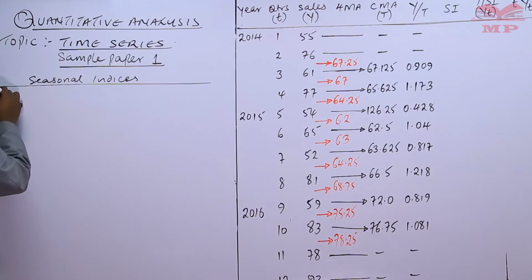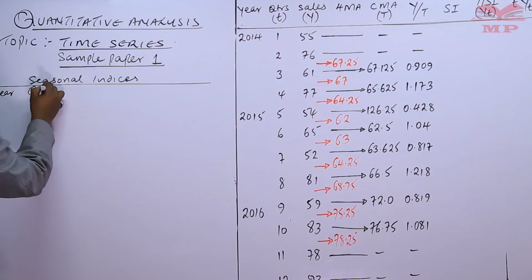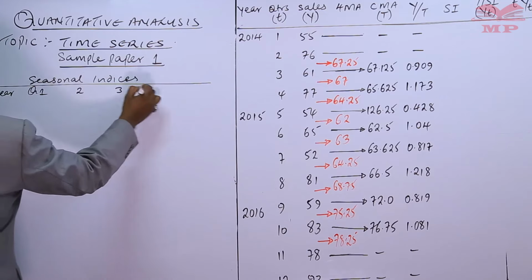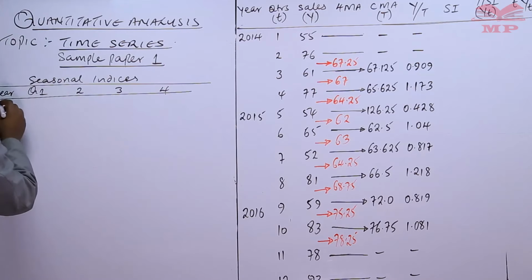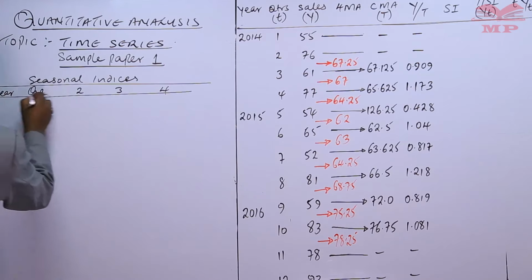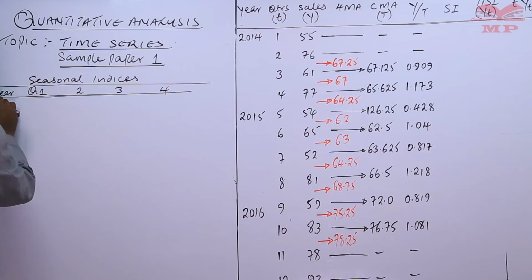We have the year and quarter 1, 2, 3, 4, with the years 2014, 2015, and 2016.